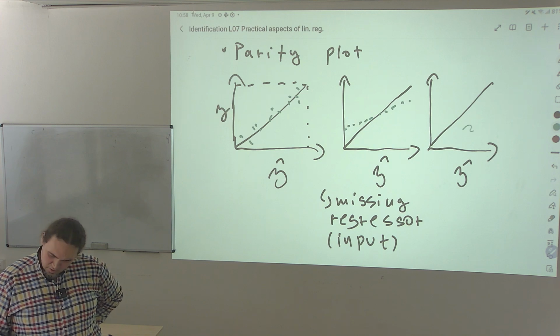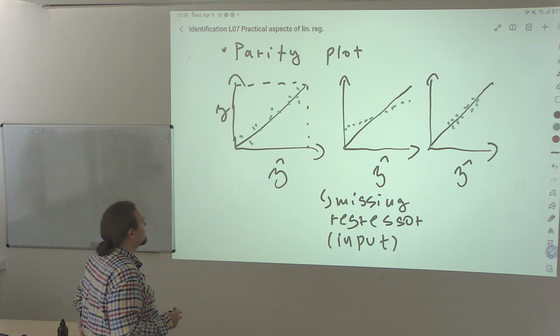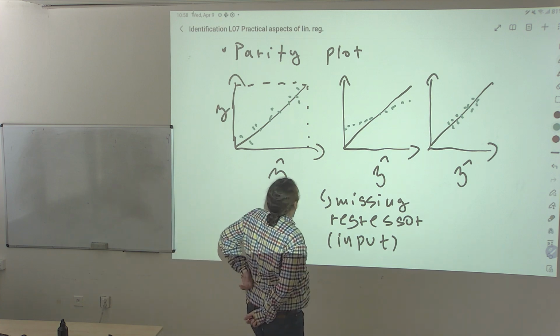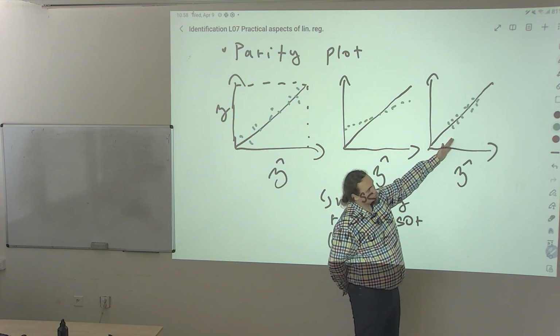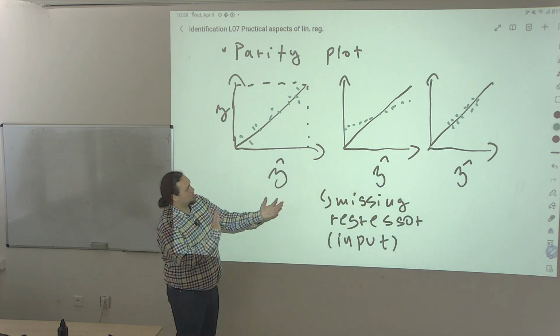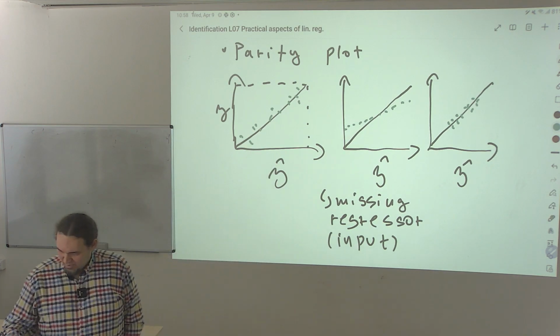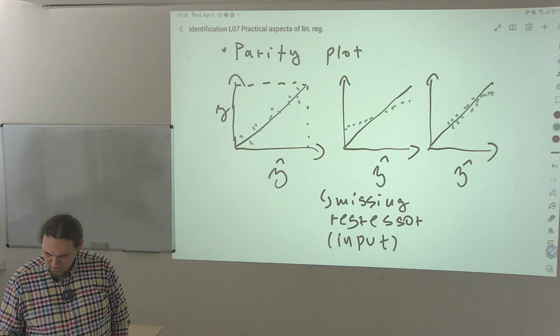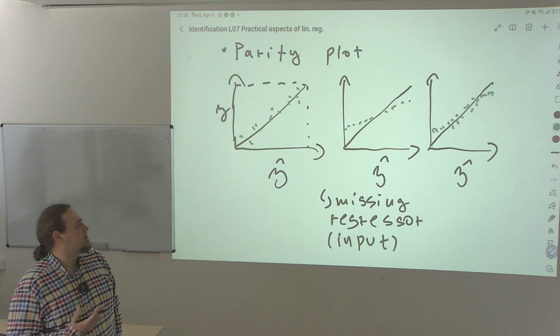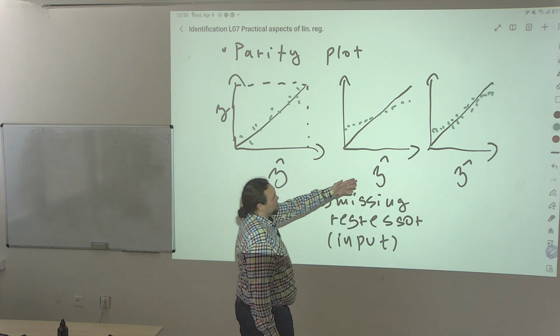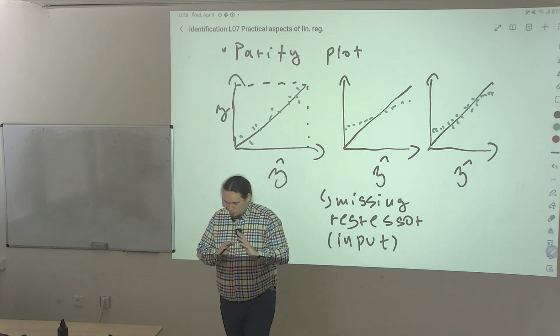Another interesting situation is if this parity plot looks sort of okay-ish at some parts, and then it starts to somehow deviate. Yeah, so like a combination of these two situations.